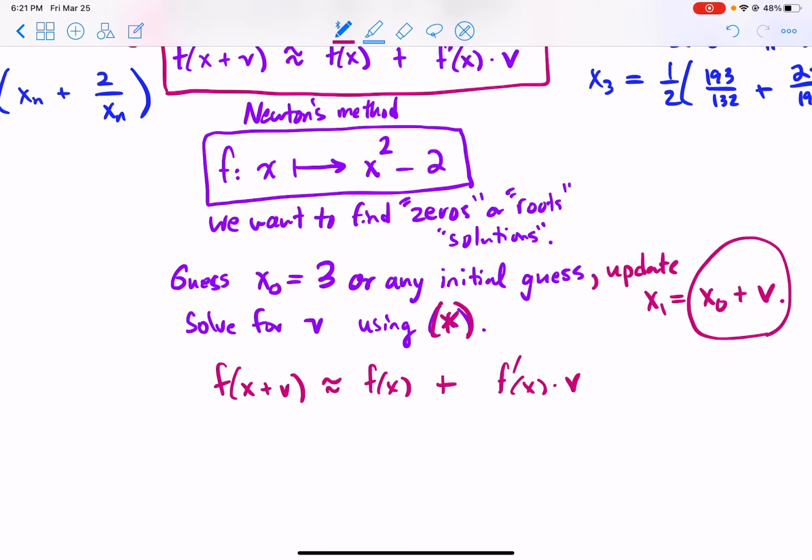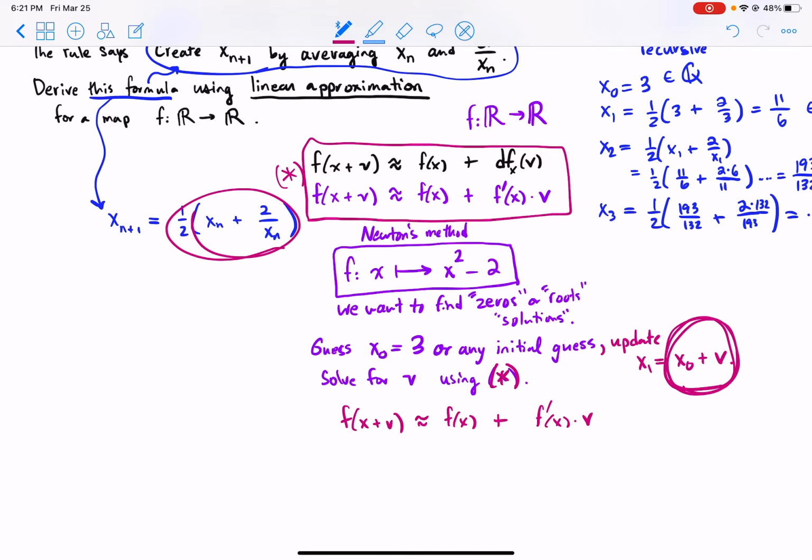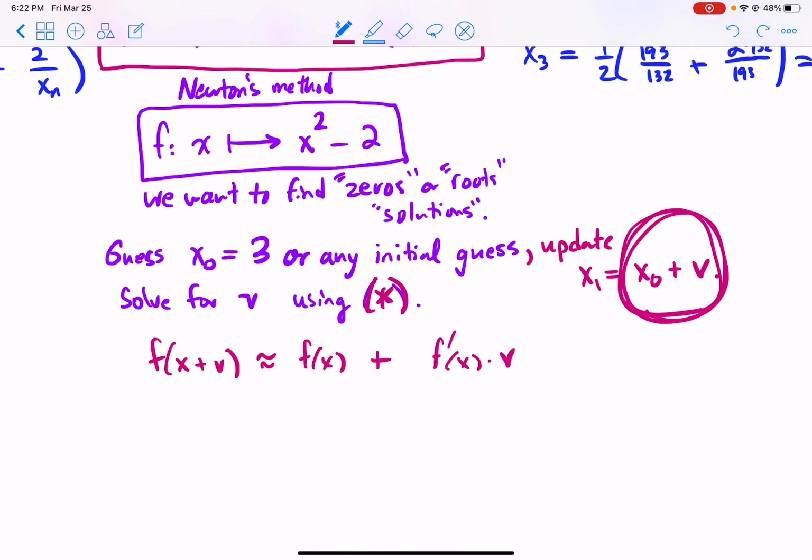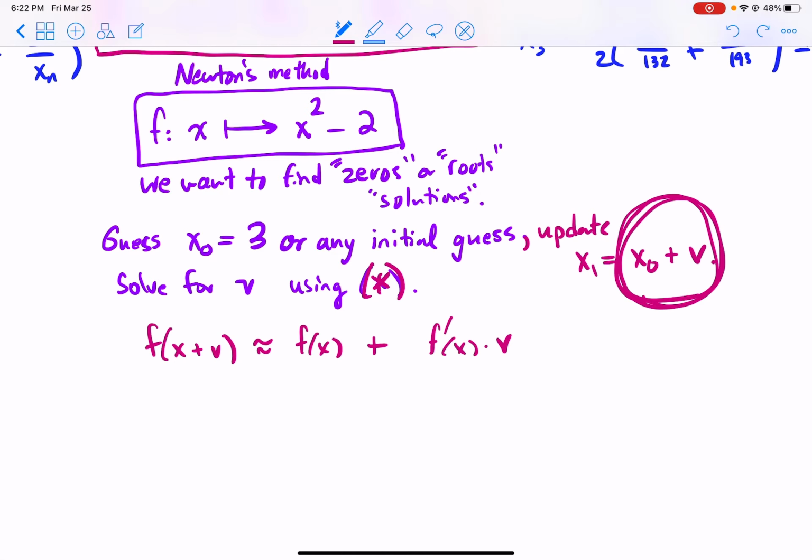Okay, and this is going to basically produce this formula. So we have to figure out what v is, and when we add v to x0, we'll get this. Okay, let's see what it is. Let's call this f of xn plus v is f of xn plus f prime of xn times v.